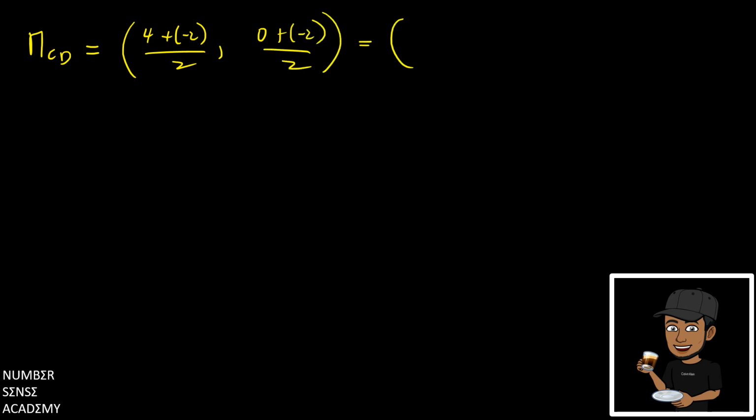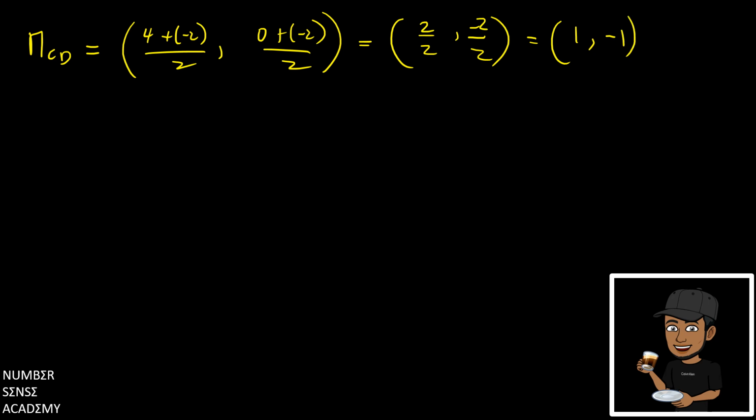So this becomes 2 over 2 and 0 over 2, which is the same as 1 and, okay, I think I made a mistake somewhere. No. 0 minus 2 is minus 2. Yeah, be careful. So easy to make mistakes. 0 minus 2 is minus 2. So this becomes 1 and negative 1.